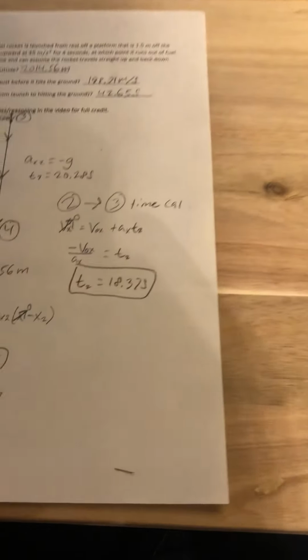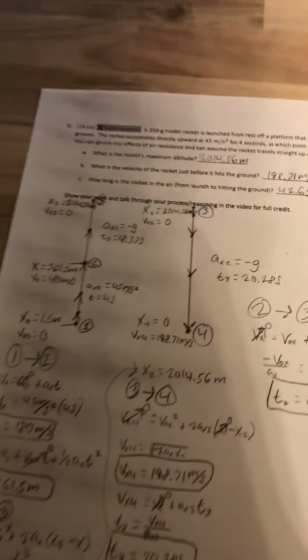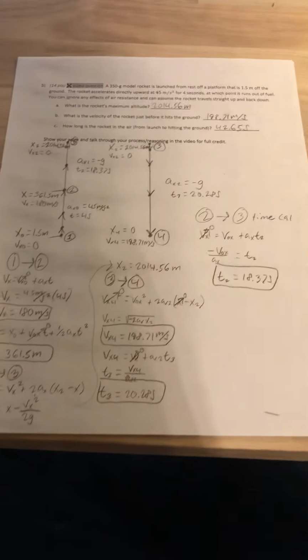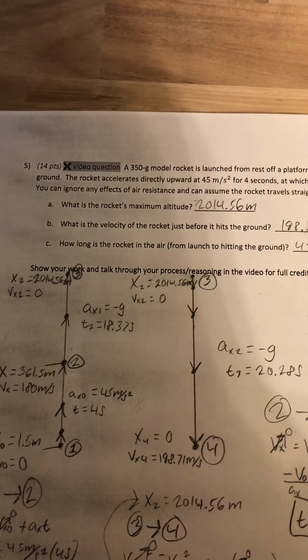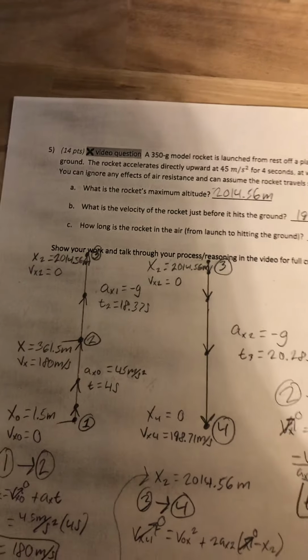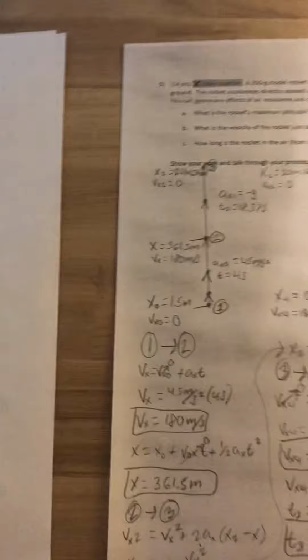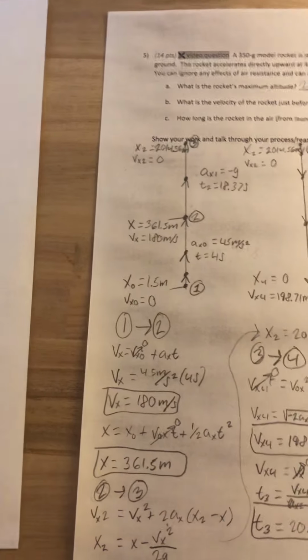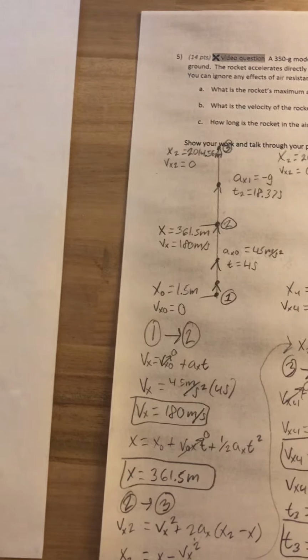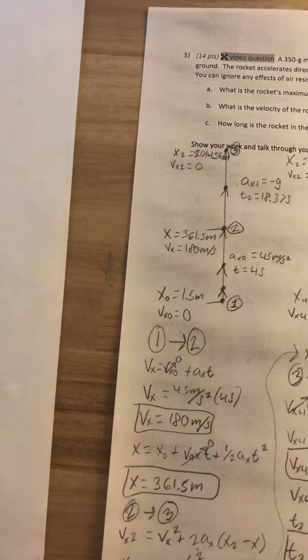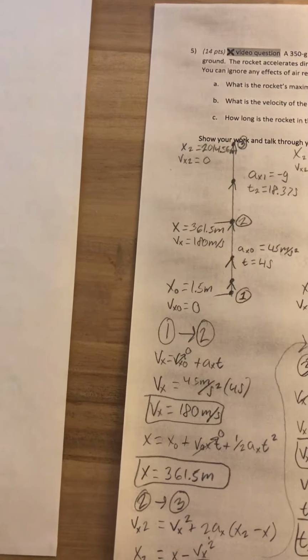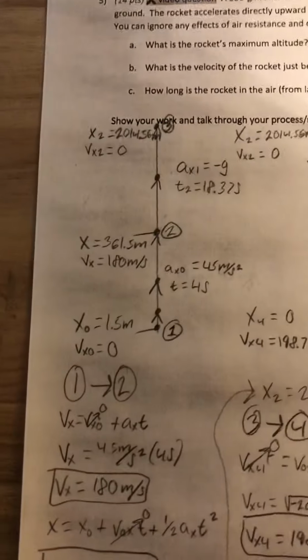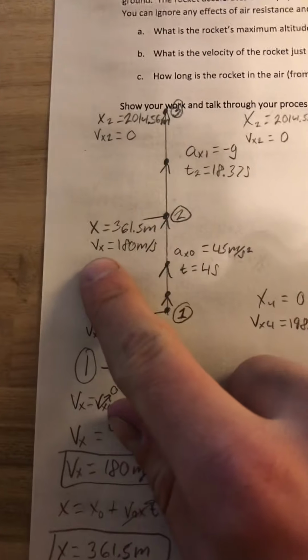So then the second video question is question 5. So quite a bit here. To find the maximum altitude for the rocket, first you have to find v of x.